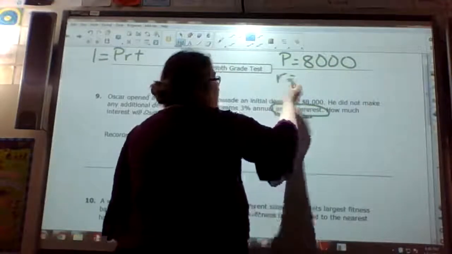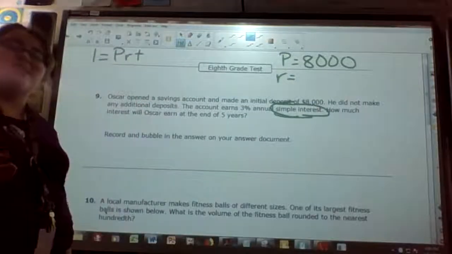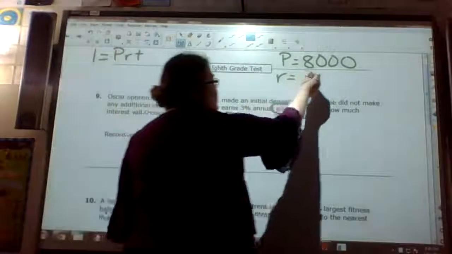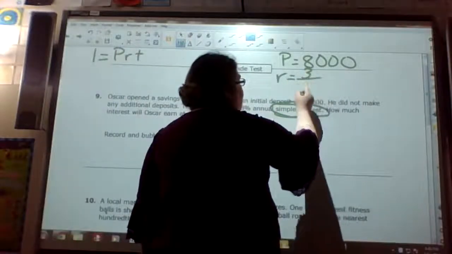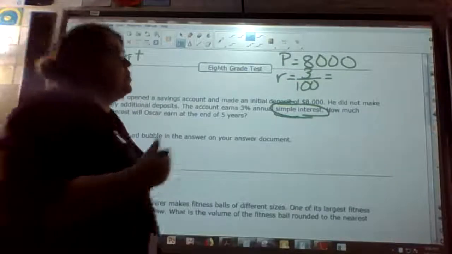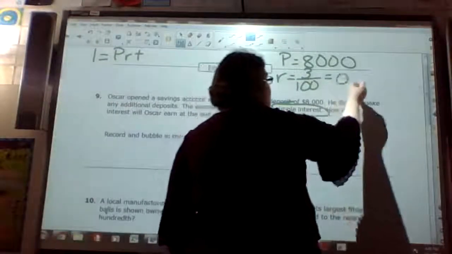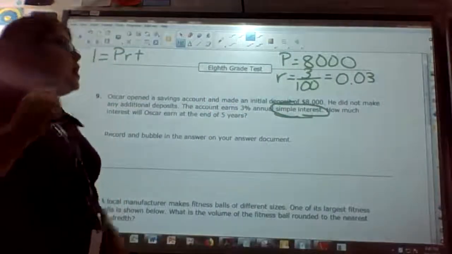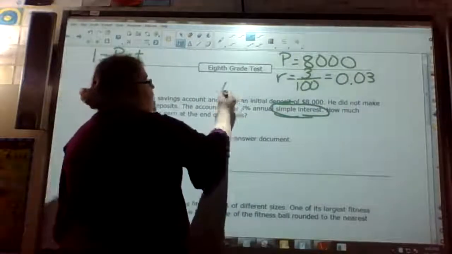Our interest rate is going to be a percent, but if you remember, this 3% has to be divided by 100 because we have to have it as a decimal. So 3 divided by 100 is 0.03. And then the T stands for your time.